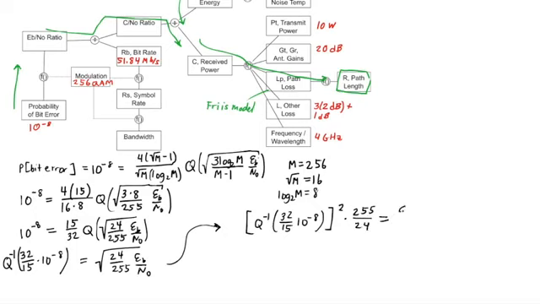And that will be my Eb over N naught. I'm going to get a 319.0. Okay, here's the key. You have to find this Q inverse from MATLAB or from your calculator if you have the inverse Q function.